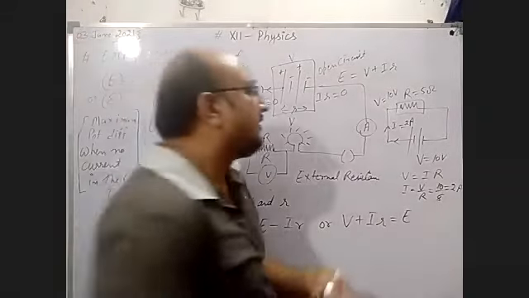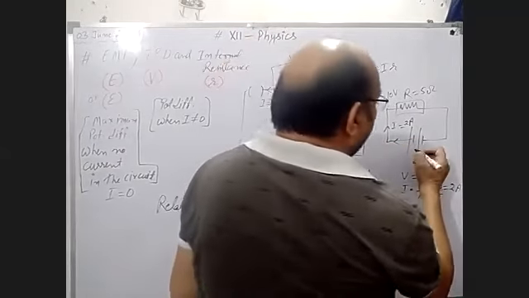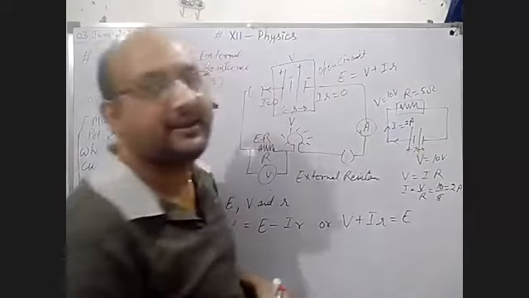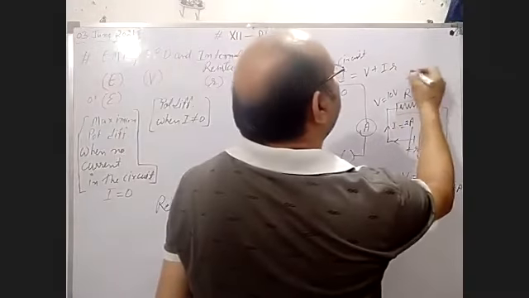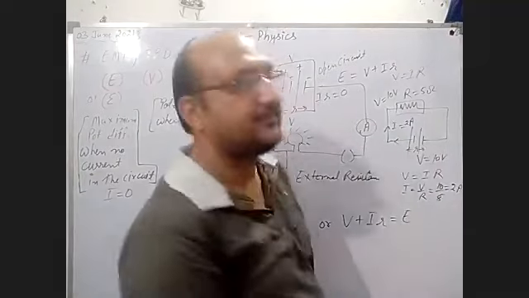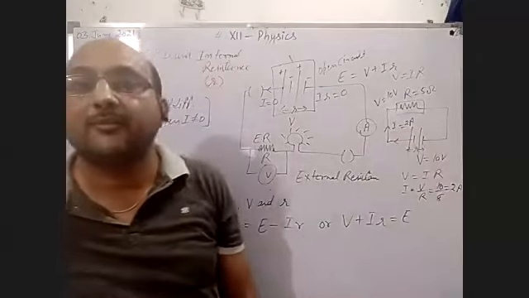Because when current runs from this terminal of the battery, there is some internal resistance in the battery. You can take this value by taking I into R, but you are forgetting something: the internal resistance of the battery.